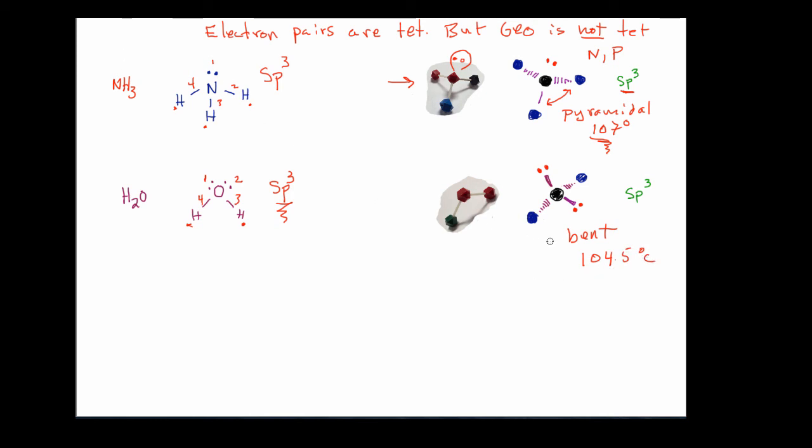Almost any time you have an oxygen that's bonded to 2 other atoms, where there are 2 unshared pairs on it, it's going to have a bent arrangement.